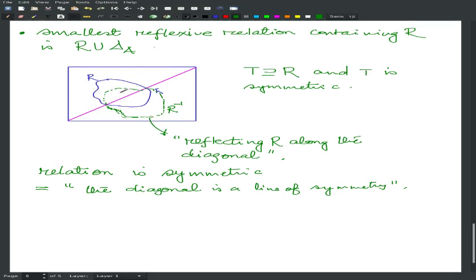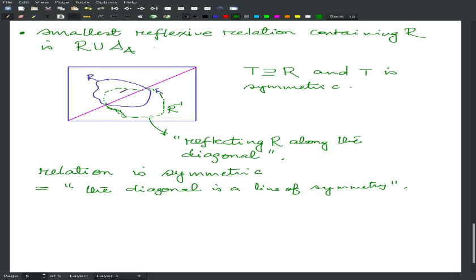R is symmetric if and only if R inverse is a subset of R, or R inverse is the same as R. That's the criterion for symmetry, which, if you look into this diagram, tells what it means.